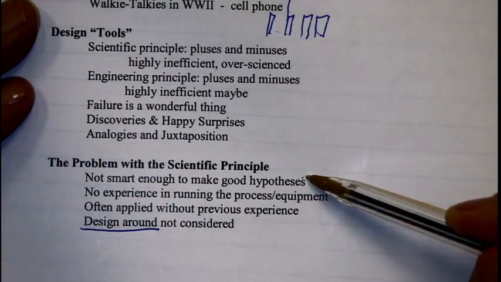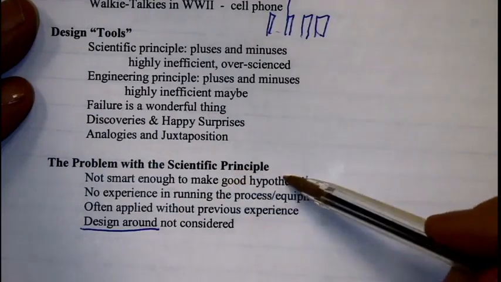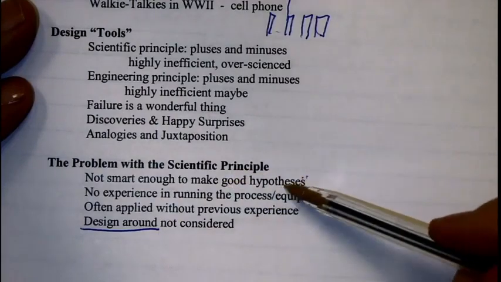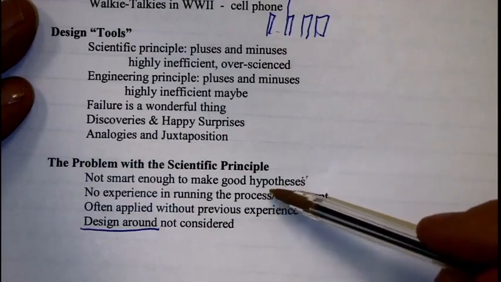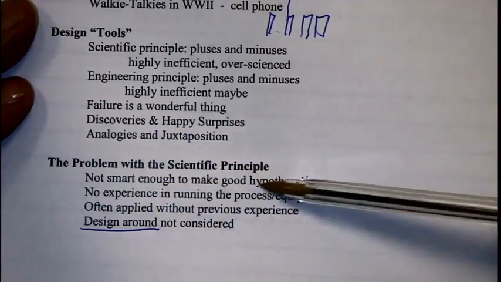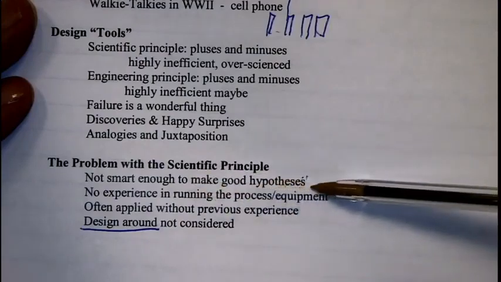I mean, stop to think about it. 1880s, they haven't really discovered photons yet, perhaps, nor could you relate photons coming off to something physical occurring in the filaments. You're not smart enough to make a good hypothesis, and light bulb filaments is a good example of not being smart enough.